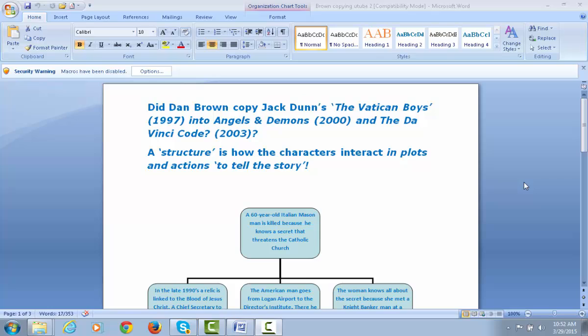But he didn't stop there. He copied the entire structure of the Vatican Boys into both Angels and Demons and the Da Vinci Code. A structure is how the characters interact in plots and actions to tell the story.